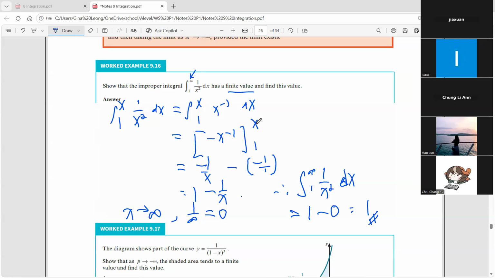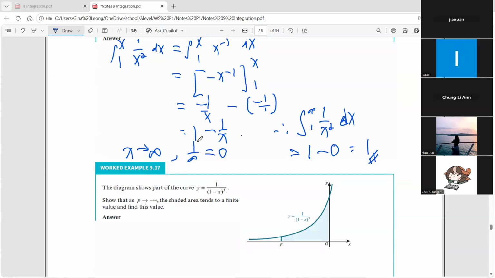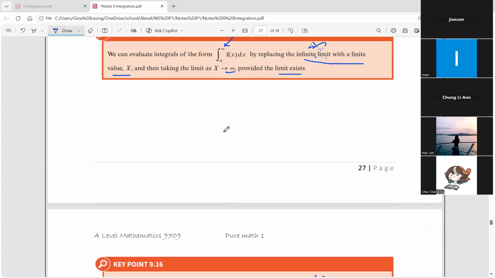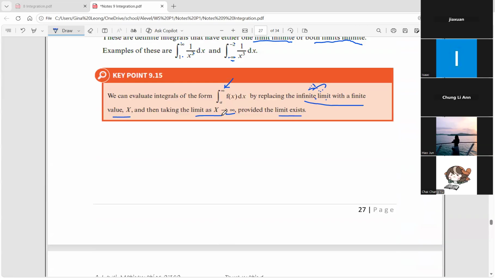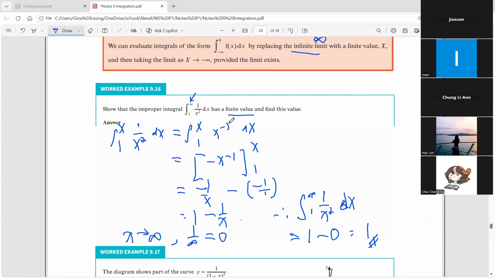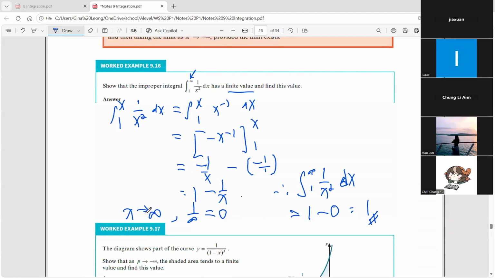I replace the x into this equation and replace the 1 into this equation. What formula will I get? I will get 1 minus 1 over x. According to the theory just now, now you need to take the limit as x goes to infinity.